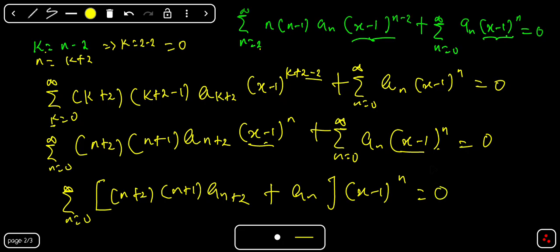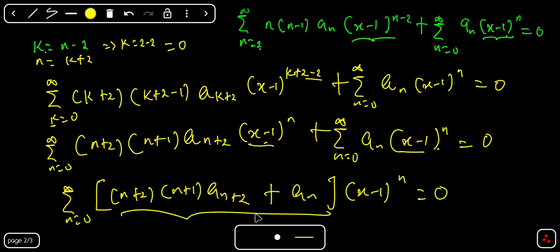Okay, so for this equation to hold for all x in the interval of convergence, the coefficient of each power of x minus 1 must be 0. So we must equate this to be 0.